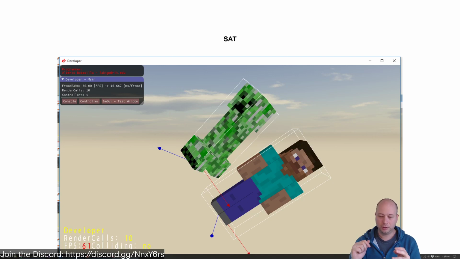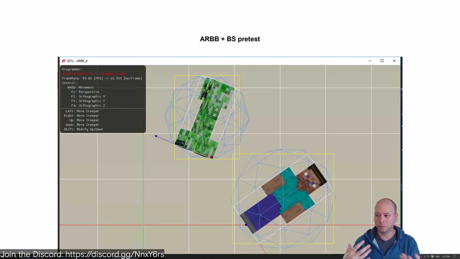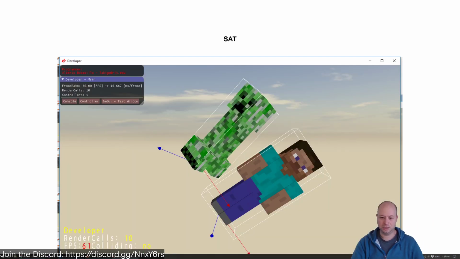So to overcome this, what we really want is to be able to test the oriented bounding boxes against each other. So those white boxes here, which are originally our axis aligned bounding box that we then rotated in space, we want to be able to test those against each other.